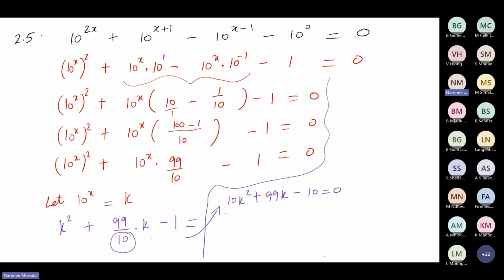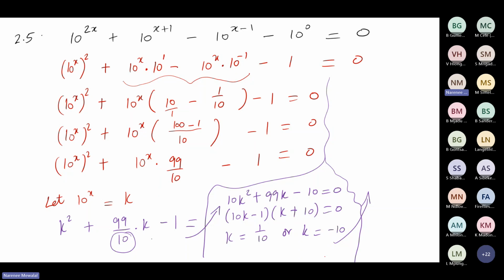You're going to get 10k minus 1 into k minus 10. Sorry, k plus 10, because the last term is negative there. And then you're going to get k is equal to 1 over 10, or k is equal to negative 10.